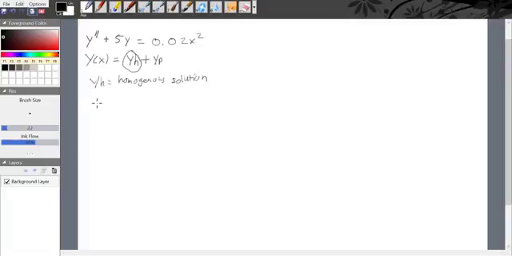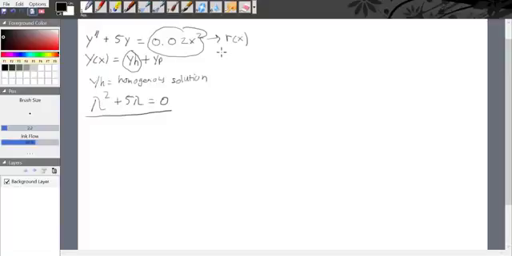So lambda squared plus 5 lambda is equal to 0. This equation over here is called a homogeneous equation because it doesn't have a result, or the result R(x) here is 0, while in this one we have 0.02 x squared as our R(x).